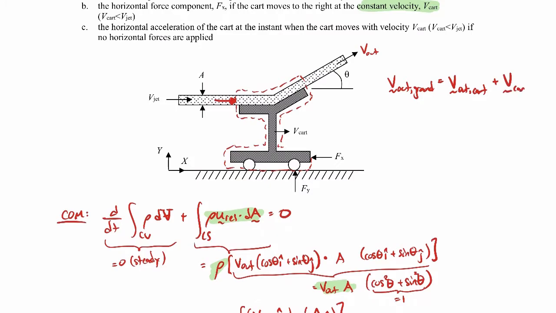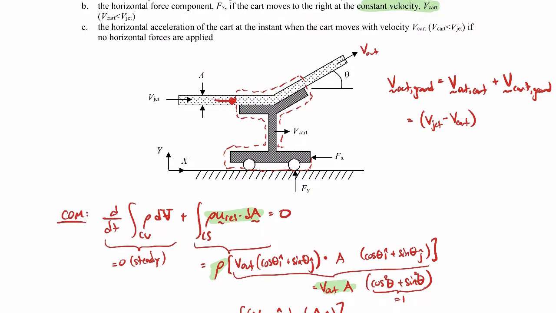This is the kind of the way that I like to think about this. This is a little bit tricky. But the velocity v out relative to the ground is the velocity out relative to the cart, and the reason I did that is because we already worked that part of the problem. And then you just add in the velocity of the cart, and this is cart relative to the ground. Okay, so if I work that out, the velocity out relative to the cart will be v jet minus v cart.